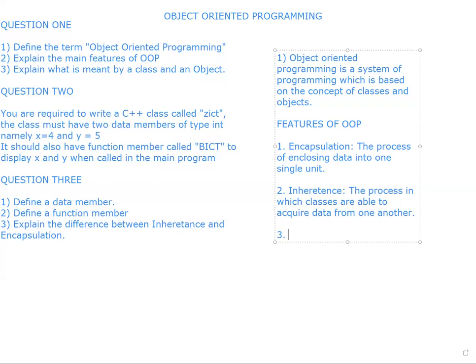Now, you have several different classes in the same program, and these classes are able to share data amongst themselves. That is the process that we are calling inheritance: classes having the ability to share data amongst themselves.